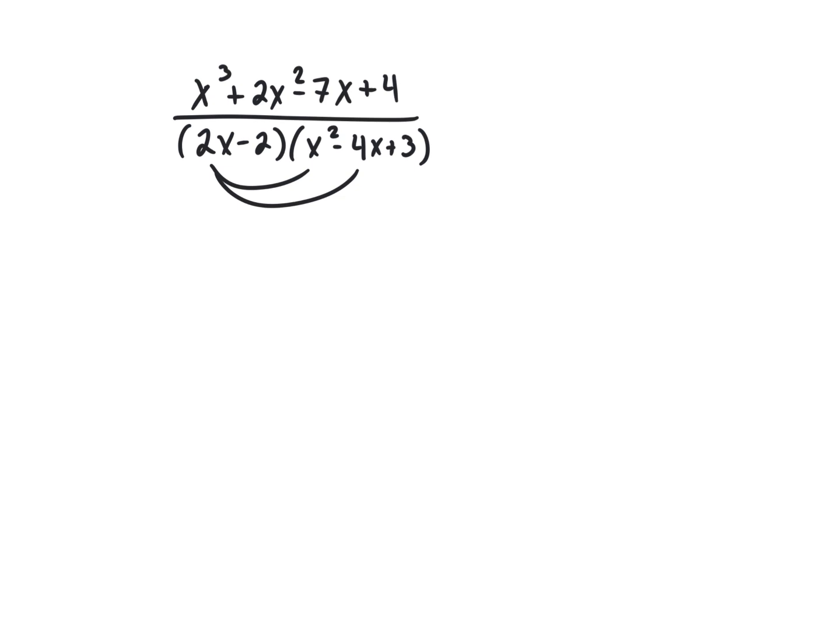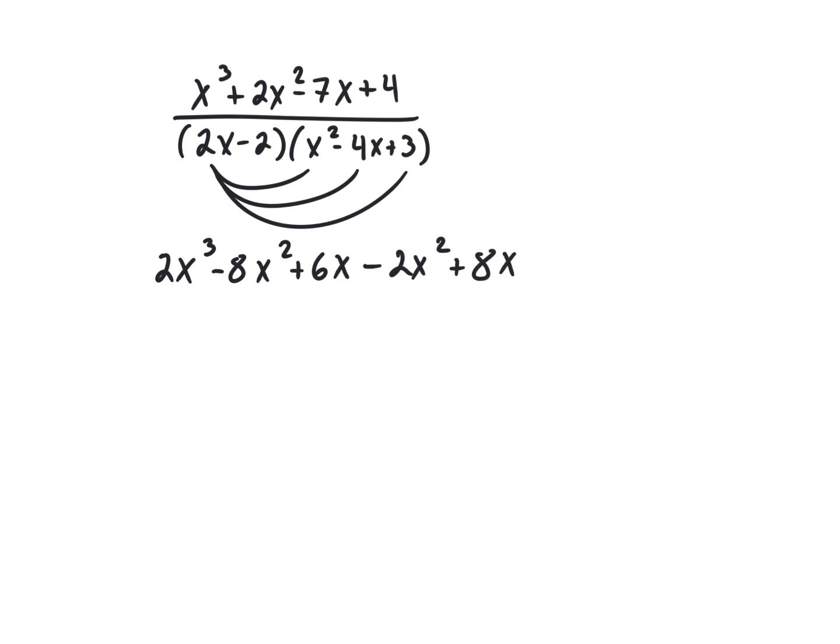I'm going to go ahead and distribute the terms. So we're going to get 2x cubed minus 8x squared plus 6x minus 2x squared plus 8x minus 6. I'm going to go ahead and combine like terms.